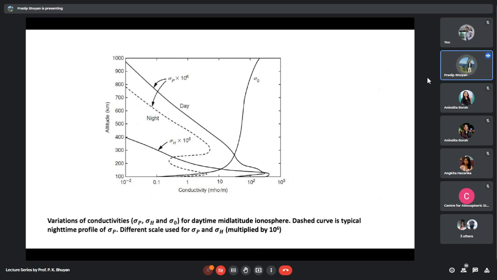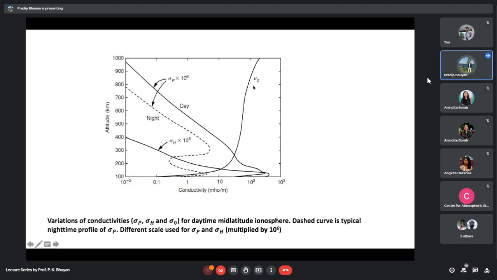So you have a distribution where both Hall and Pedersen conductivity, which are much less elsewhere, are very high at lower heights, about 120 kilometer in the E region.